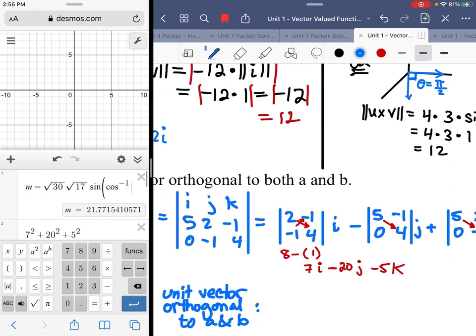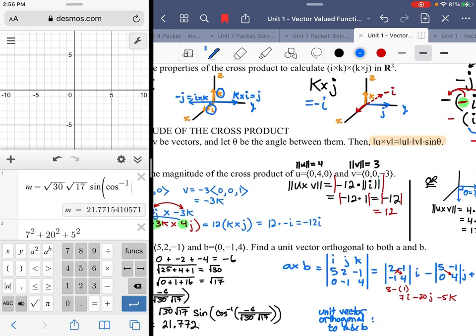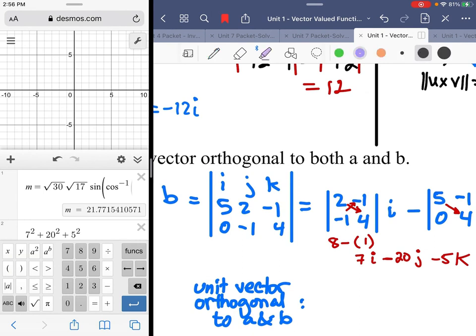All right. So we do know that the magnitude is exactly the square root of 474, but it approximates to about 21.772. So what I would do is I would divide each of these coefficients by root 474.